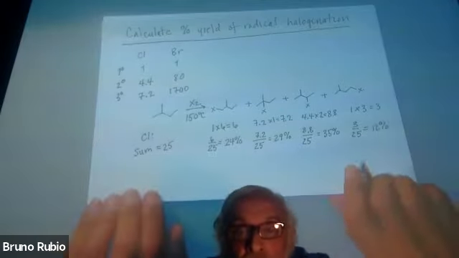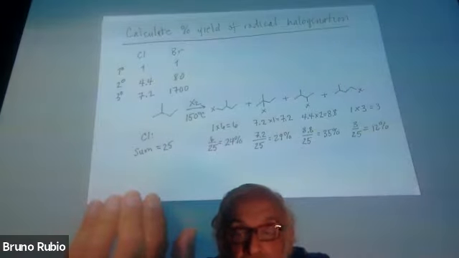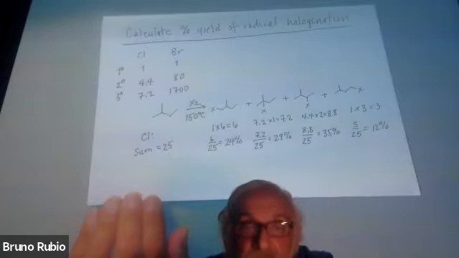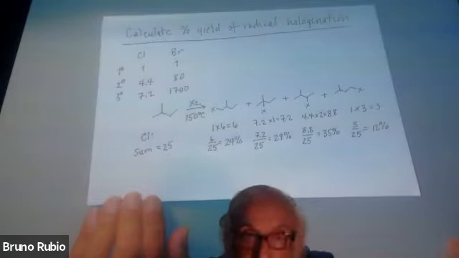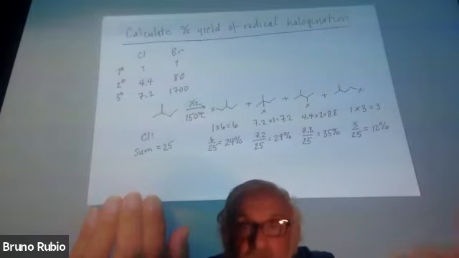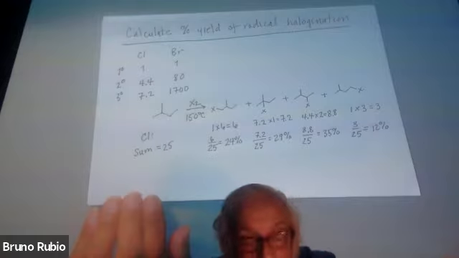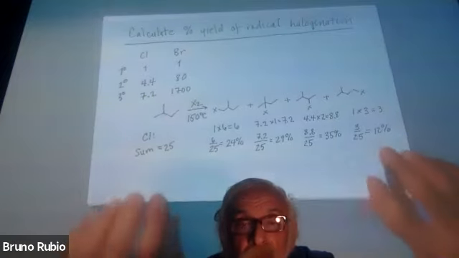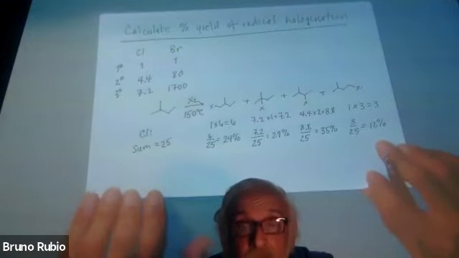Okay, so one of the things that we've been saying about chlorination all along is that it's unselective, because that first propagation step, regardless of whether it's a primary, secondary, or tertiary radical that is involved, is small, according to the Hammond postulate. So chlorine doesn't care about radical stability.